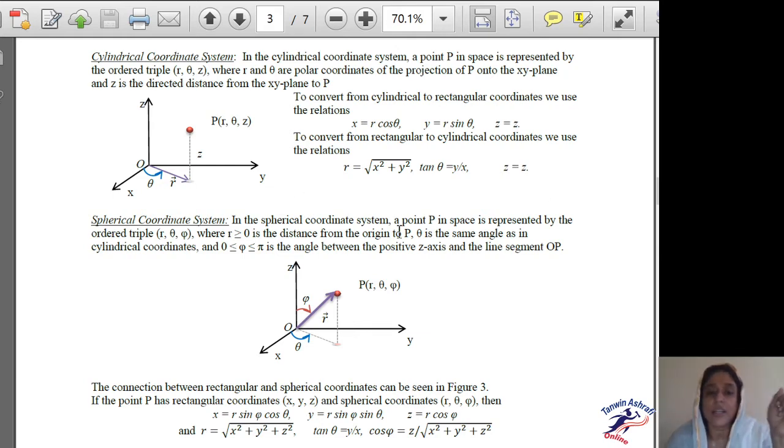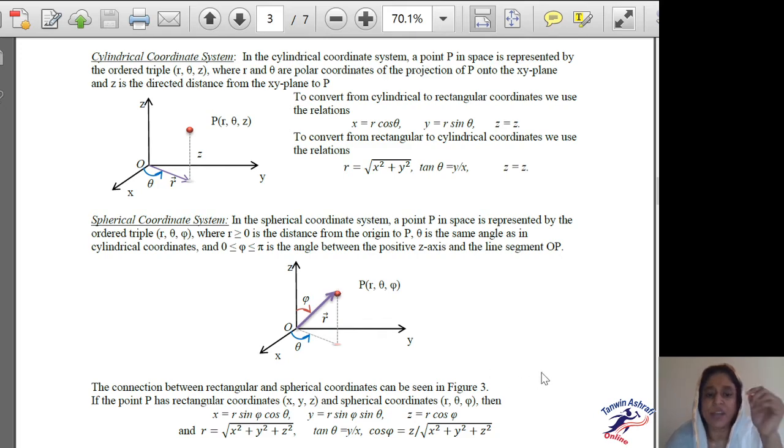Spherical coordinate system. In the spherical coordinate system, the point P is represented again by a triplet r, theta, and phi. Here r is the distance of point P from the origin O, theta is the same angle as in the cylindrical coordinate system, and phi is the angle between the z axis and the line segment OP.